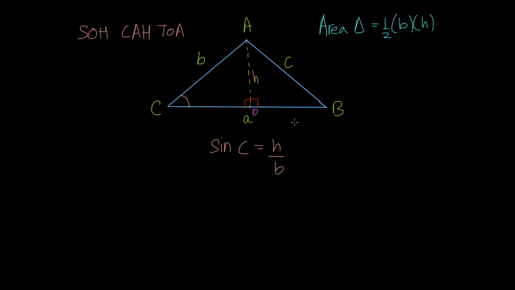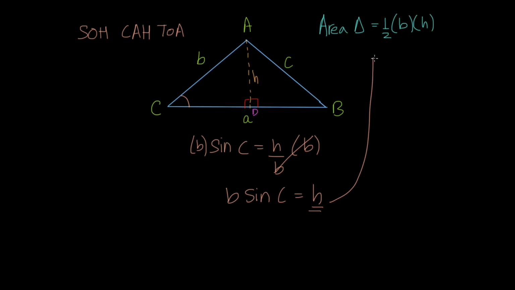Now if I wanted to find just the height, then I could multiply both sides by B. And if I did that, the Bs on this side would cancel out, and I'm left with B sine C to equal my height. And now that I know what the height is, I could just plug that back into the equation here.